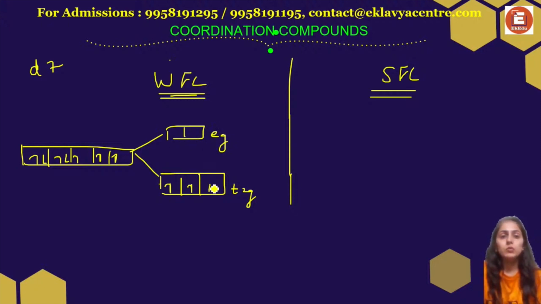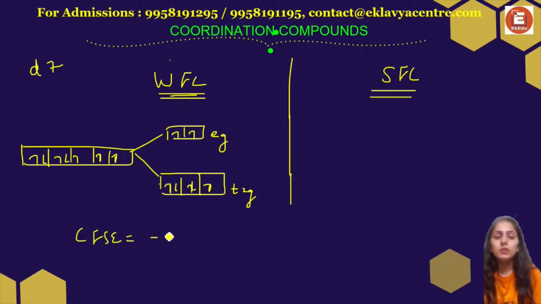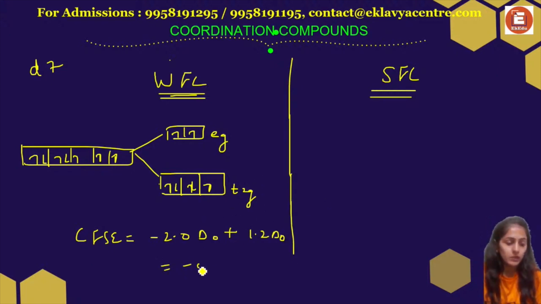So 1, 2, 3, 4, 5, 6, 7. So CFSE value is minus 5 electrons, 5 fours are 20, minus 2.0 del O, plus 2 twos are 4... 1.2 del O. Its value becomes minus 0.8 del O for D7.